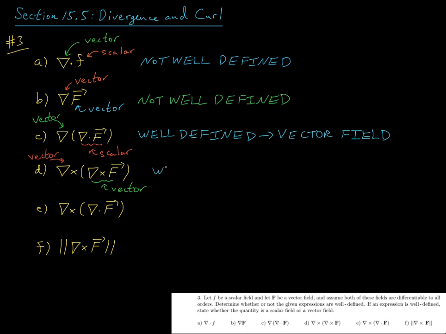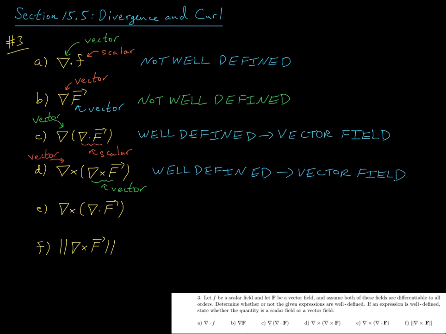So this is well defined. And what are we going to get out of this? A vector field or a scalar field? Well, if I take the cross product of two vectors, I get another vector. So this would be a vector field.